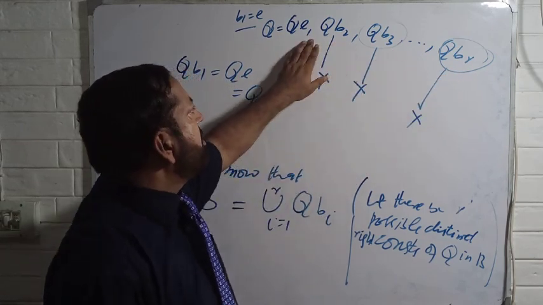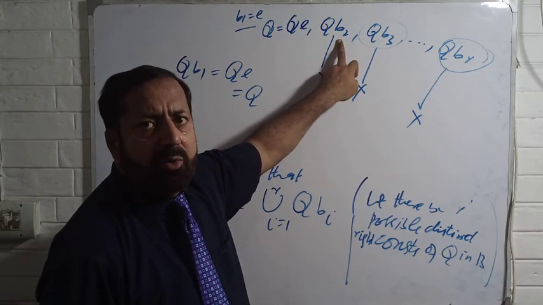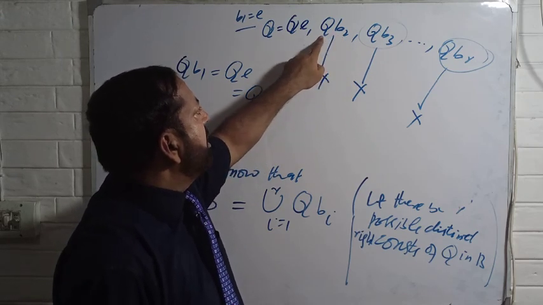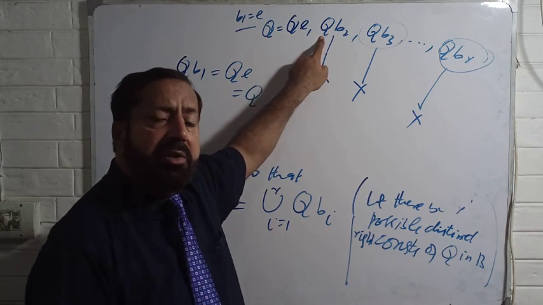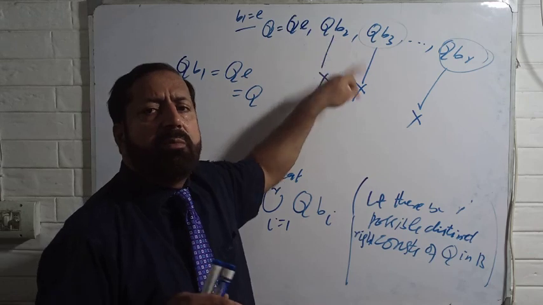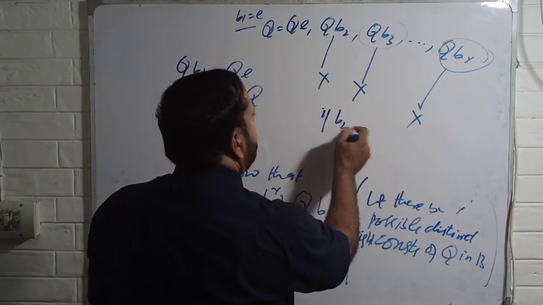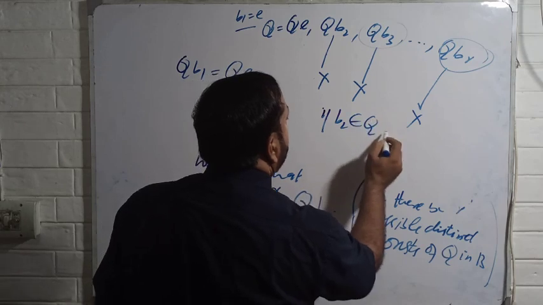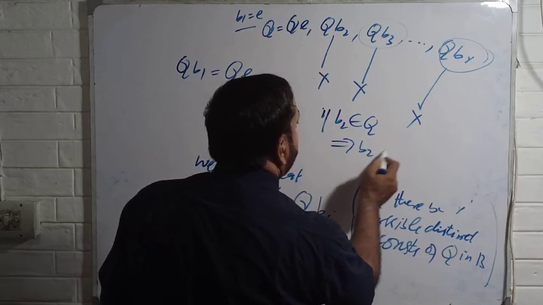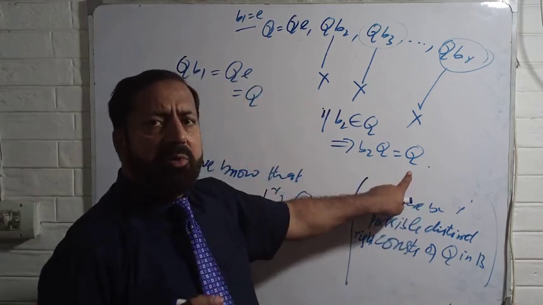Okay, so if this is not a subgroup, B2 can never be an element of Q, because if B2 were an element of Q, then QB2 would be Q, right? Because if B2 belongs to Q, this implies QB2 would be equal to Q, and Q is a subgroup.